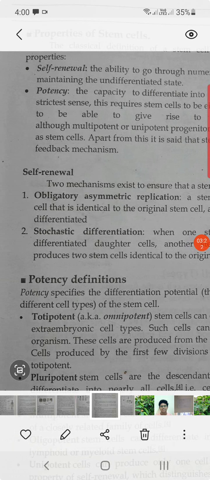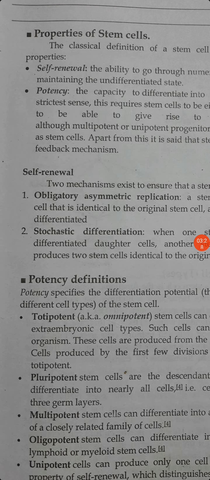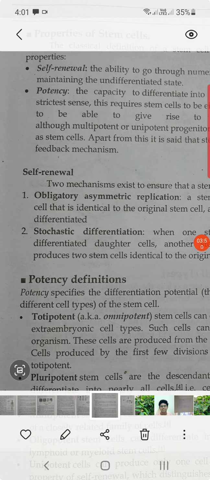Second one, that is potency: the capacity to differentiate into specialized cell types. In the strictest sense, this requires stem cells to be either totipotent or pluripotent to be able to give rise to any mature cell type, although multipotent or unipotent progenitor cells are sometimes referred to as stem cells.